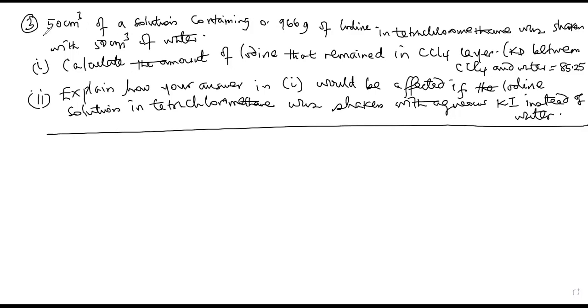50 cubic centimeters of a solution containing 0.966 grams of iodine in tetrachloromethane was shaken with 50 cubic centimeters of water. Calculate the amount of iodine that remained in the tetrachloromethane layer, or the organic layer.